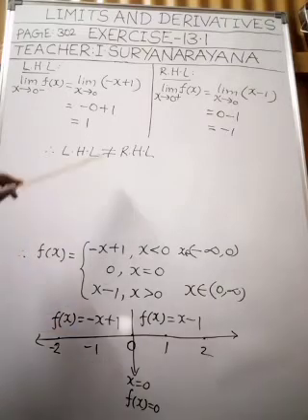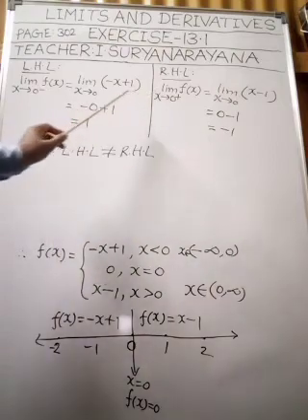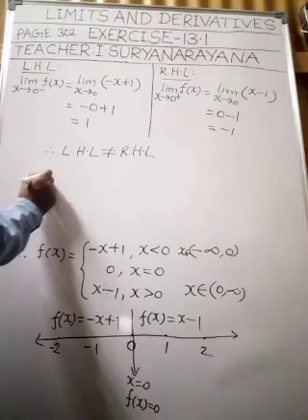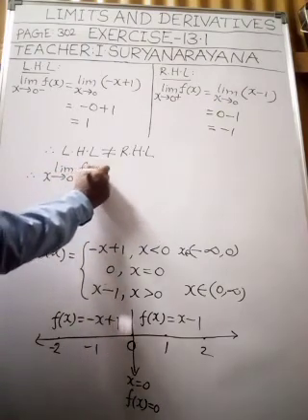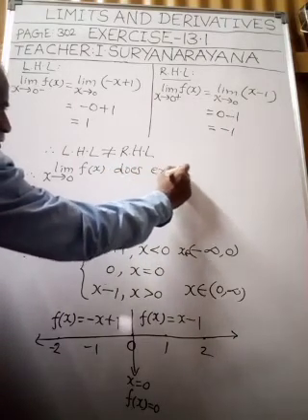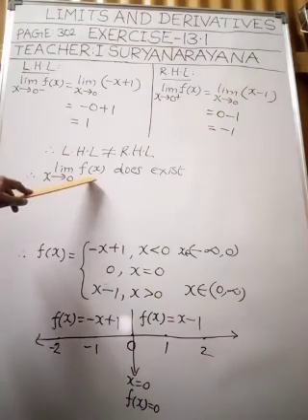As x tends to 0, limit of f of x does not exist. So at this particular point, the limit of this function does not exist.